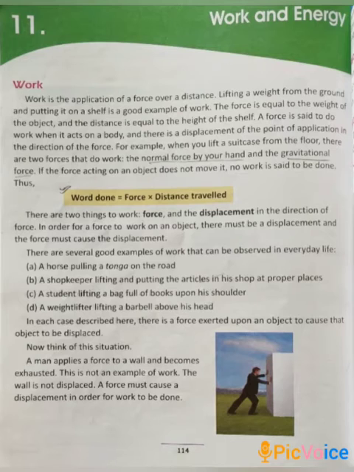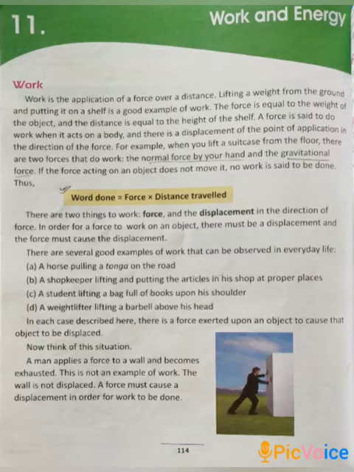There are two things to work: force and the displacement in the direction of force. In order for a force to work on an object, there must be a displacement and the force must cause the displacement. There are several good examples of work that can be observed in everyday life.